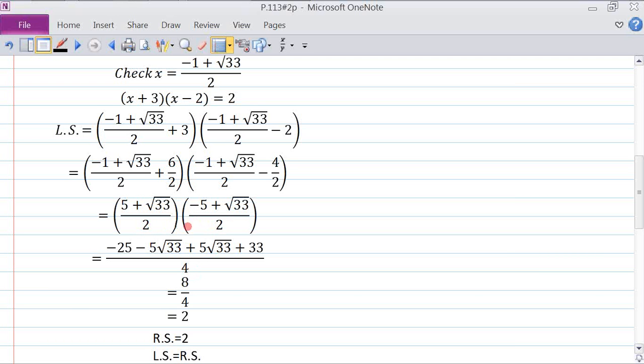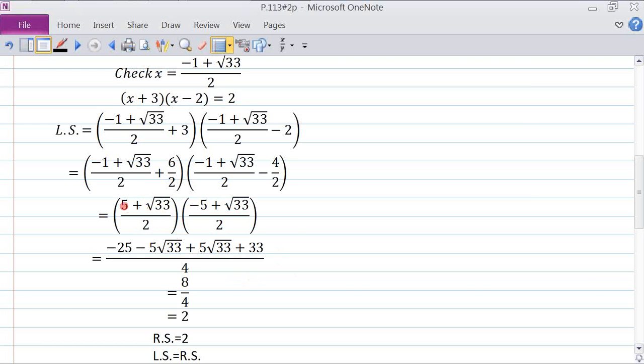So 2 times 2 gives me the 4 right here. 5 times minus 5 gives me minus 25. Now, if I take the inner one, here I get minus 5 root 33. And if I take the outer one, I get plus 5 root 33. Isn't that nice? The 2 will cancel. And plus root 33 times plus root 33 gives me plus 33.